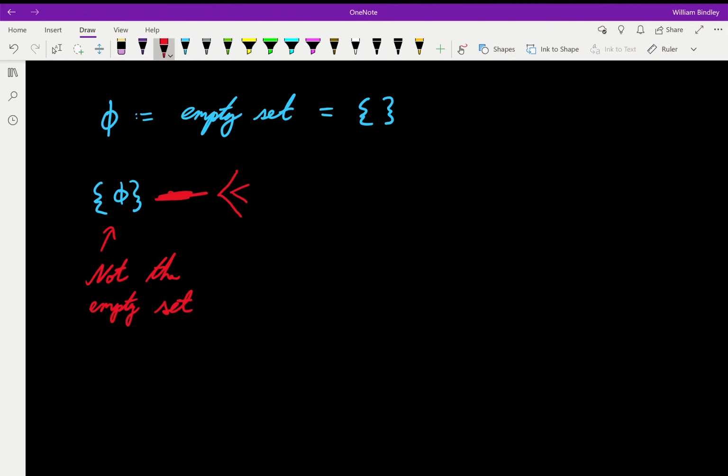Now I also talked about set operations last video, and some of the set operations I mentioned were union and intersection. So the union of two sets, the intersection of two sets. I also mentioned the subset relation, two sets being equal. So we can define new sets with these set operations, union and intersection.